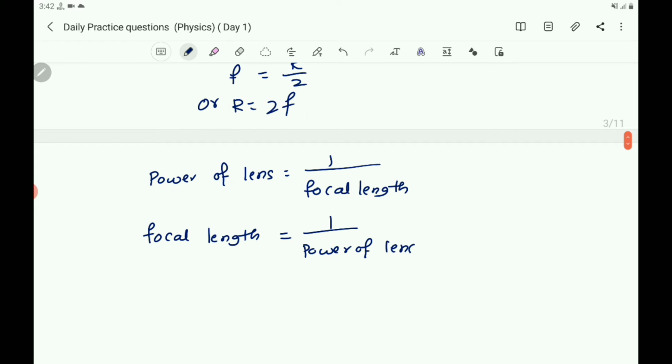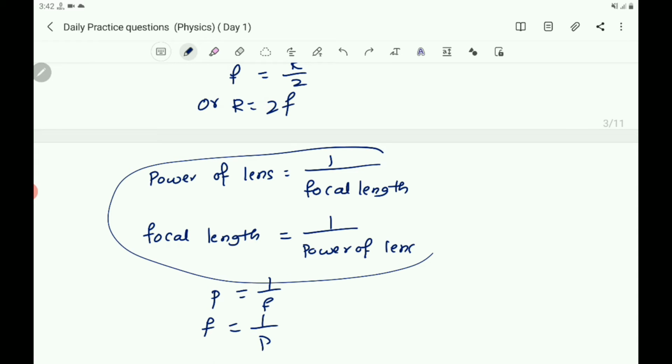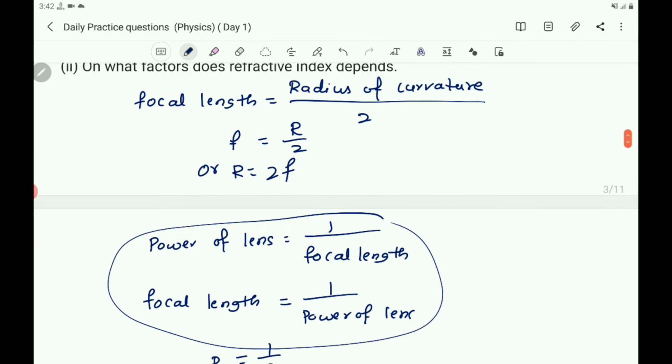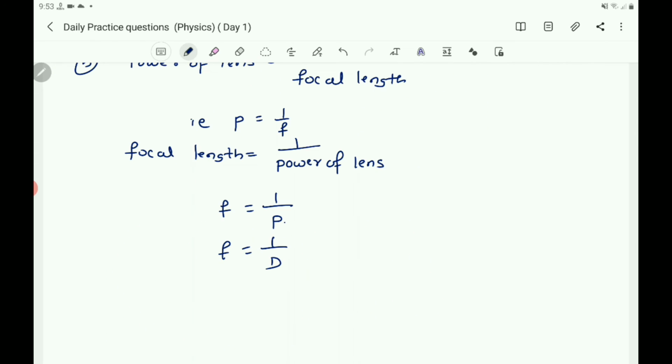So you can write P, power of lens, equals 1 by F, or F equals 1 by P. Symbolically you can write like this, and that is the relation between the power of lens and focal length.